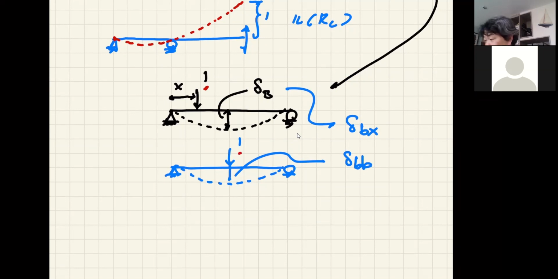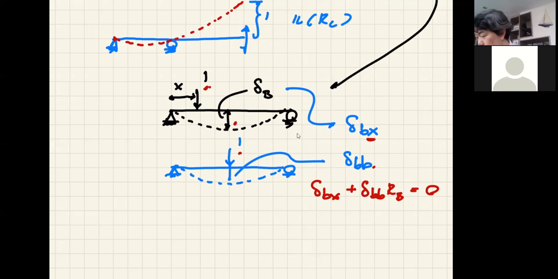From this, I can write my equation as delta Bx, which is now this displacement here when my unit load is there, plus, because I have RB, delta BB, which is the displacement here at the reaction, multiplied by the reaction itself, and this is 0.